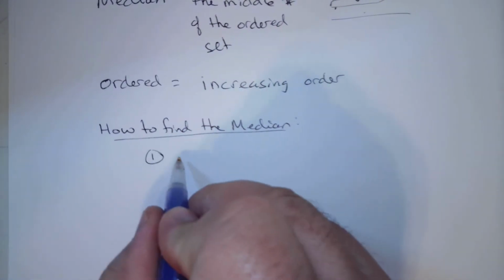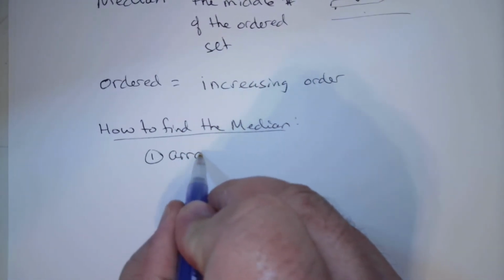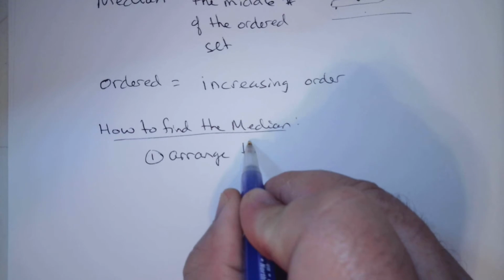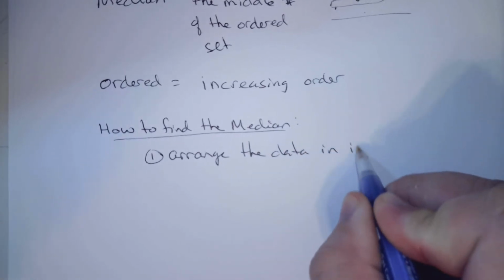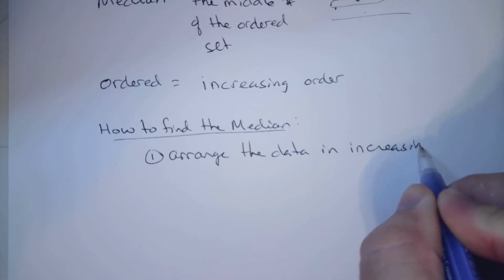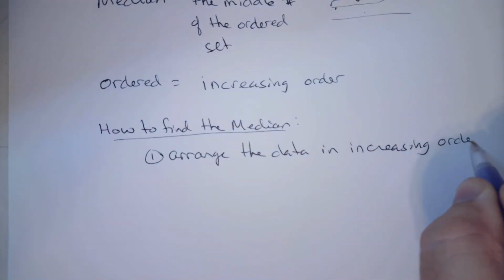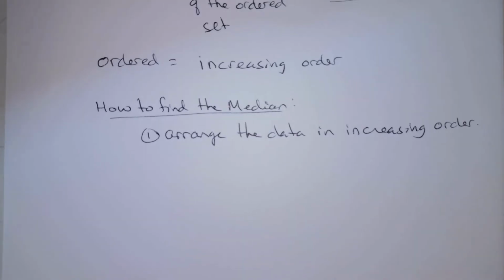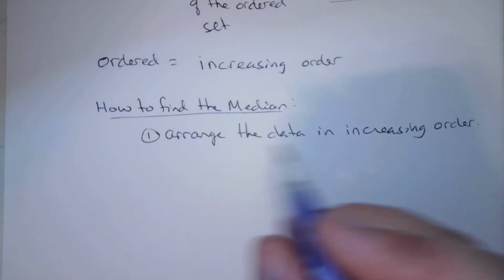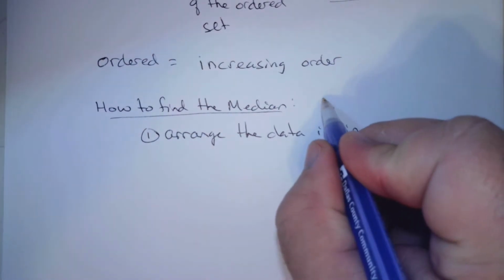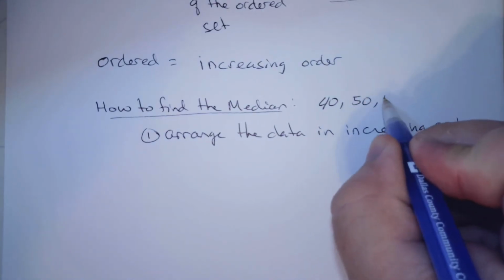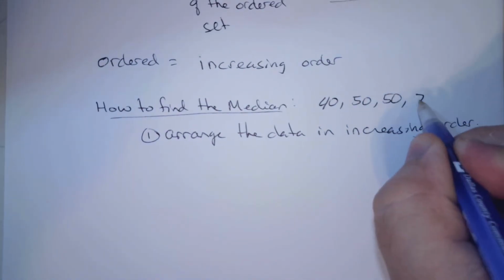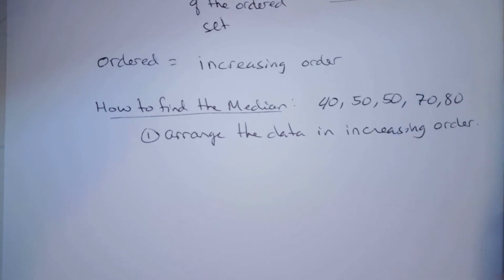First off, arrange the data in increasing order. So let's pretend our data is 40, 50, 50, 70, 80.